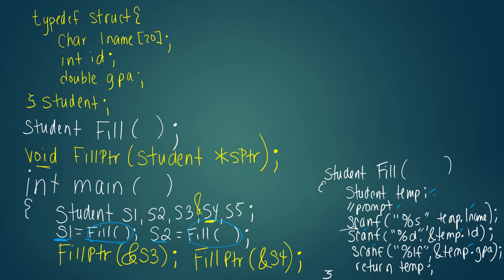Now we're going to implement the fill pointer function. The fill pointer function has a void return type, it's called fill PTR, and it takes as its argument a student pointer. So it takes a pointer to a student as its argument. I do not need to declare a temporary student because it's going to go directly in memory and fill the fields directly.